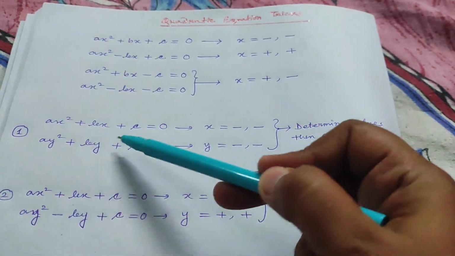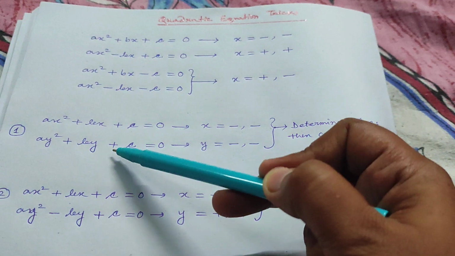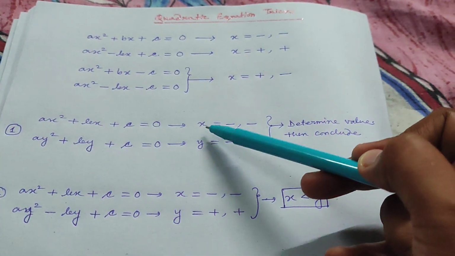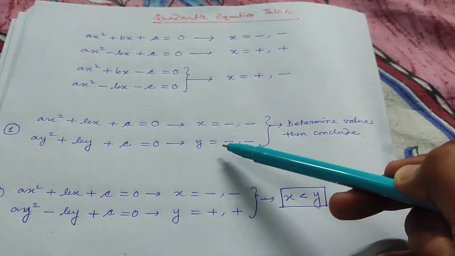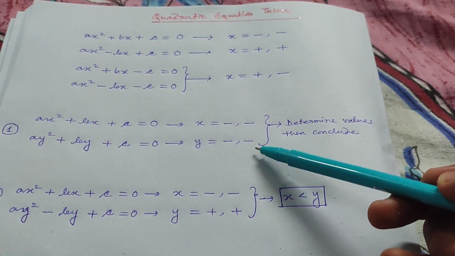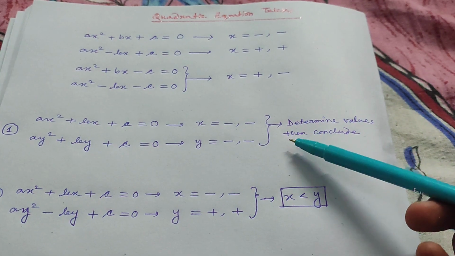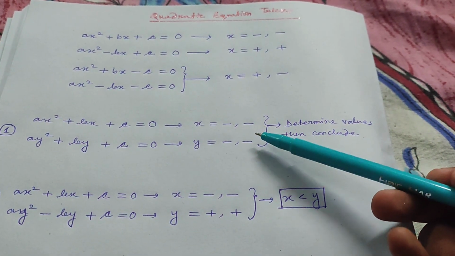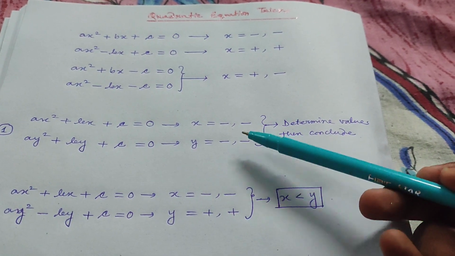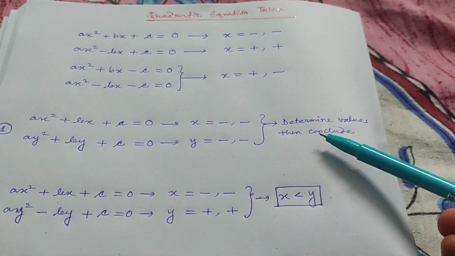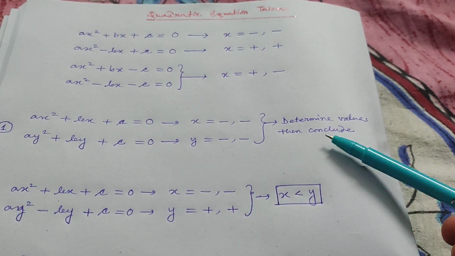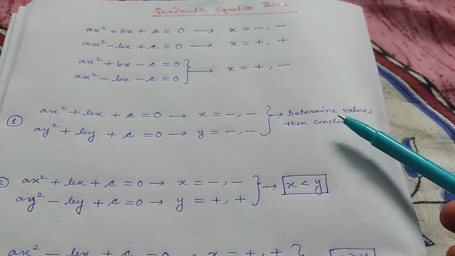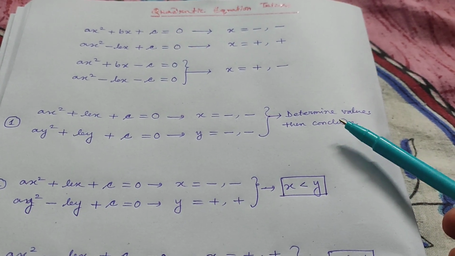When both equations carry positive values, positive, positive, positive, positive, then obviously both values of x will be negative, and here also both values of y will be negative. We cannot just see it and say which is the highest negative value, x or y. So we have to determine the values of both x and y, and only then can we reach the conclusion.